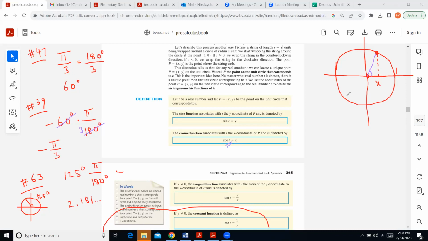You can call it with any letter, but t is used because x and y will be taken as x and y coordinates of a point on this unit circle.